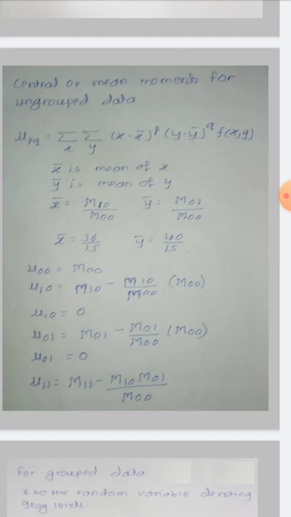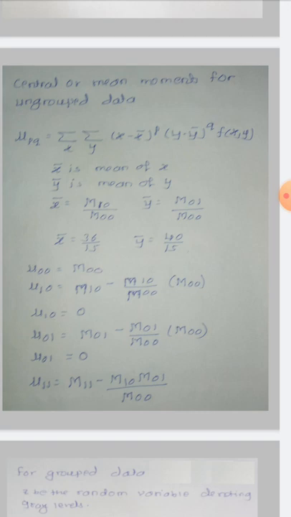The first moment mu00 is equal to m00. Mu10, that is the first mean moment, is equal to m10 minus m10 divided by m00 into m00. That's why the first moment is 0. Similarly, mu01 is m01 minus m01 divided by m00 into m00.